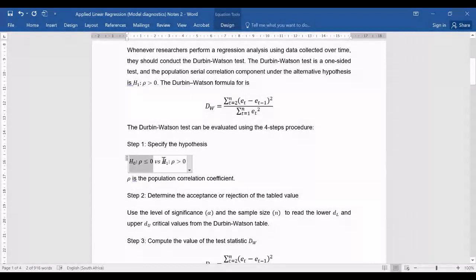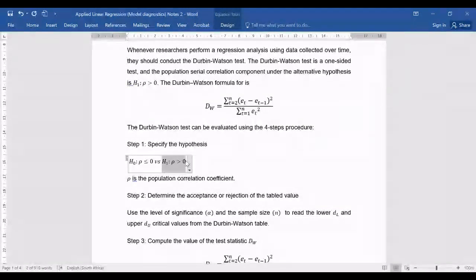It means we're going to conclude in favor of this one. So this will tell us that our errors are positively correlated or are correlated. Is it clear?